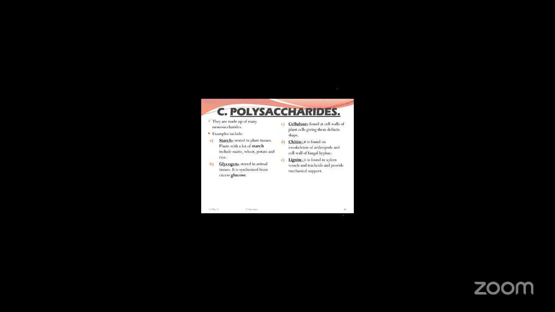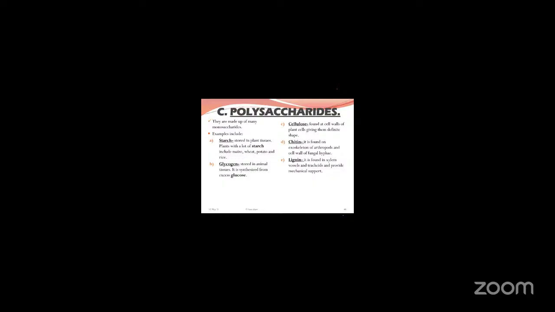I repeat, polysaccharides are complex forms of carbohydrates and are formed when more than two molecules of monosaccharides combine. Remember we said disaccharide means two, di means two. That means when two monosaccharides are combined. When more than two are combined, they form polysaccharides.